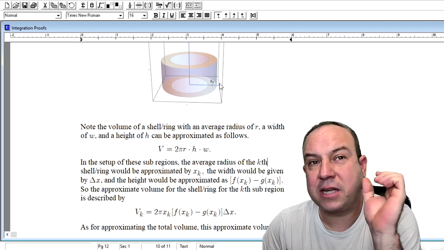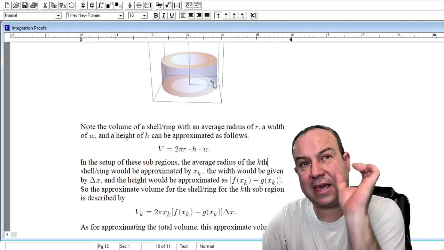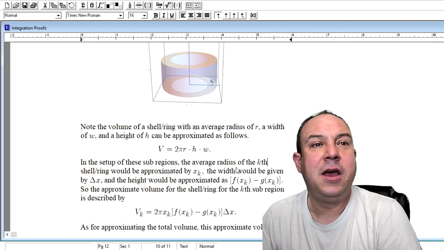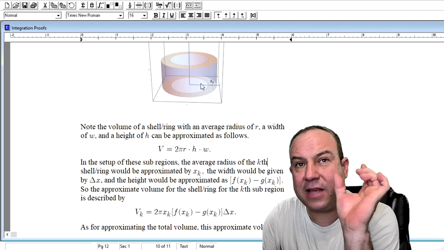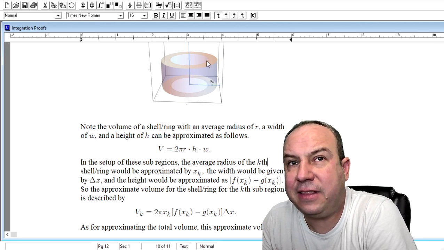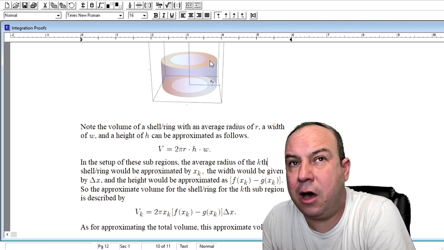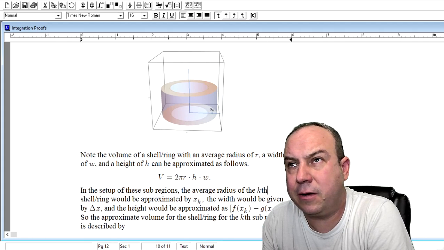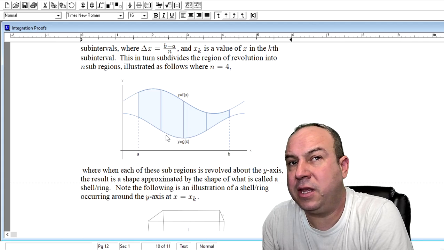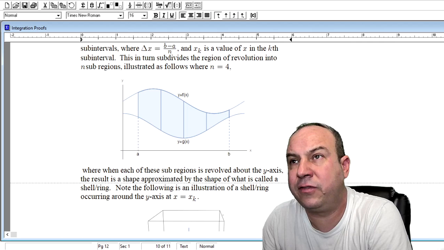That would be the value of x sub k in the kth subinterval that is forming this ring along our x-axis. The width would be given by delta x, the width of this kth subinterval. And as for the height, it would be the difference between the upper and the lower bound at some representative value in the kth subinterval.